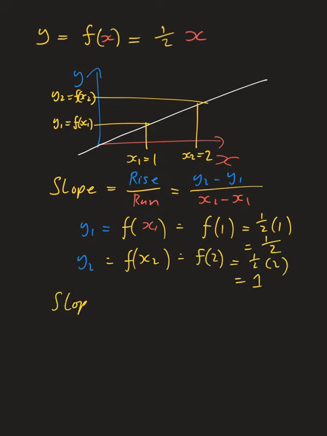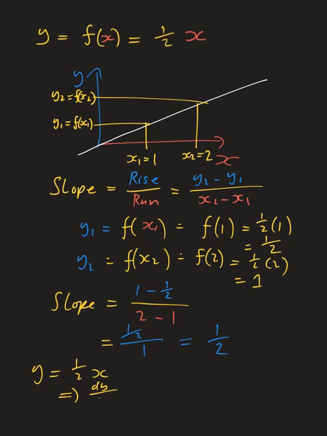Putting that into our formula for the slope, we get (1 minus a half) divided by (2 minus 1). Our difference on the top was a half, and our difference on the bottom, or our run, was 1. So our slope was a half.